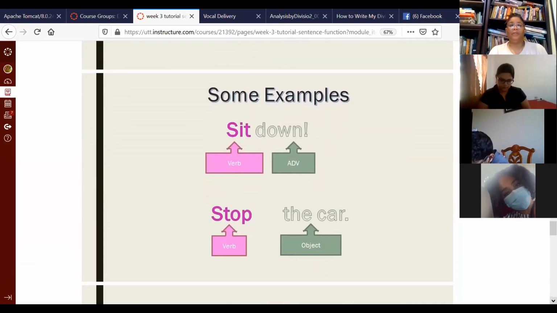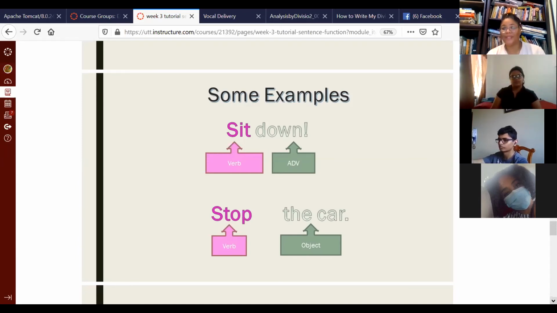So some examples: sit down. So sit is you, if you want to flesh it out, it's you sit down. So the verb is the second person, sit down. Adverbial here would be our object, or in this case, object complement, right? If this was translated into the declarative form, it'd be sit you down, which sounds weird. So sit down.